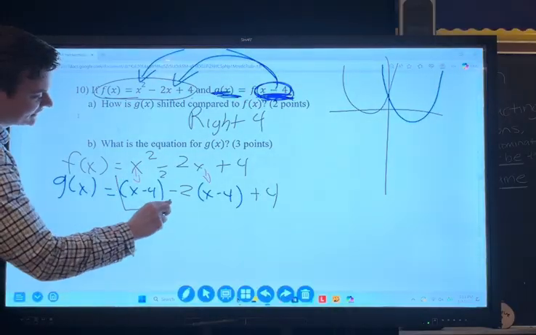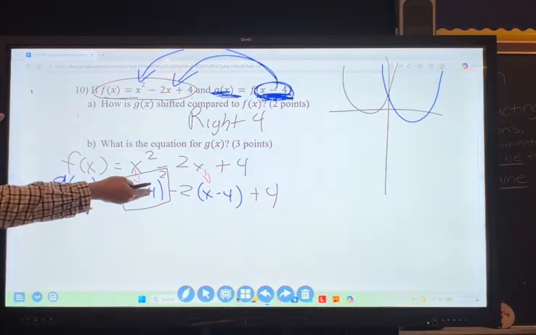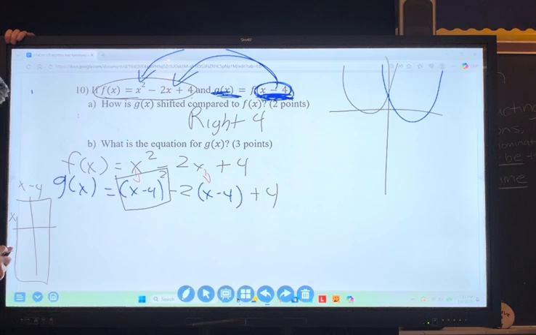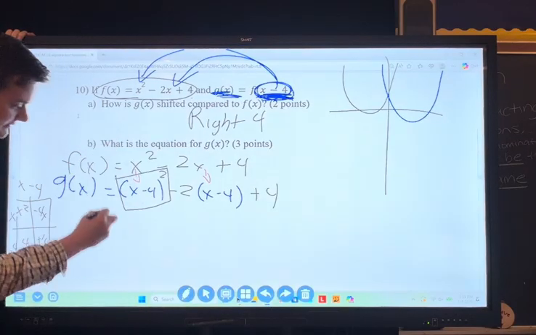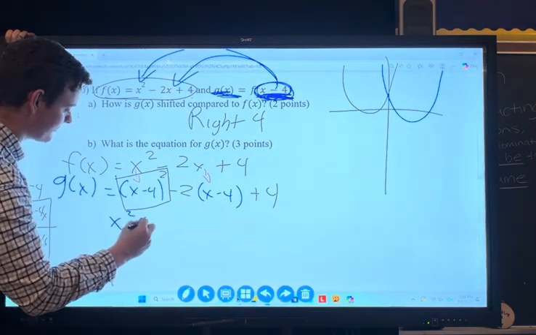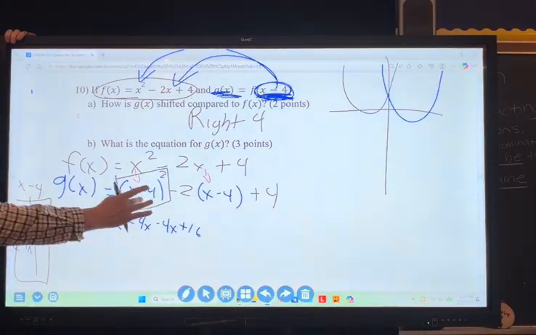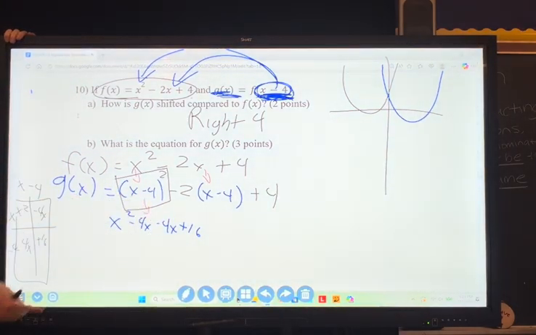Well, this here is x minus 4 twice, so I can box method that. X minus 4, x minus 4. And that becomes x squared minus 4x minus 4x plus 16. This, I box method, and I got that.